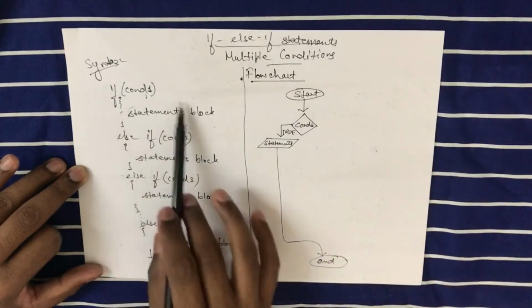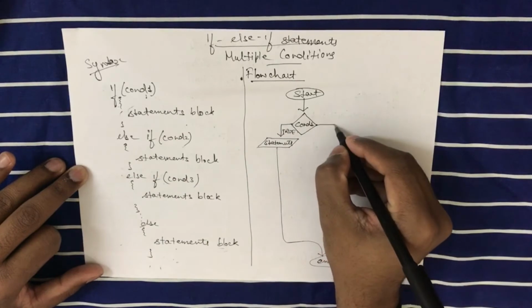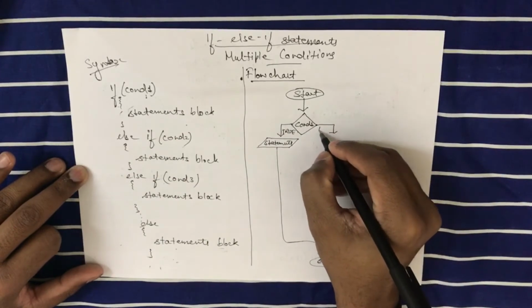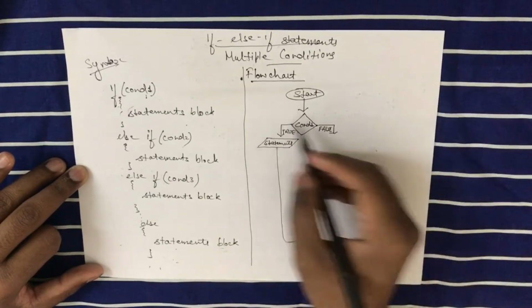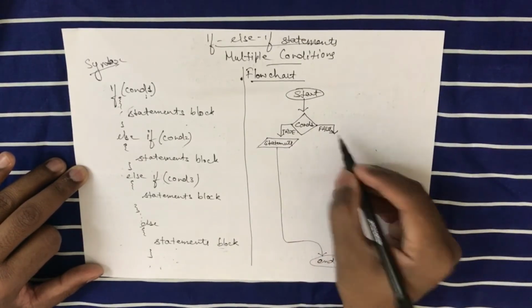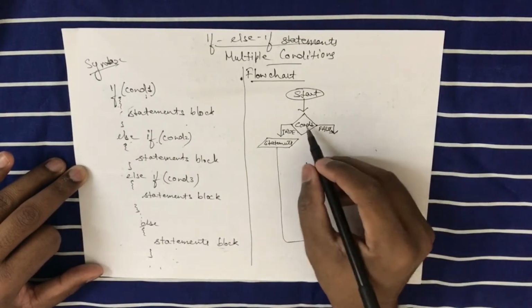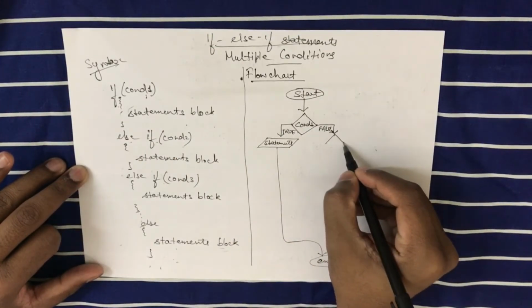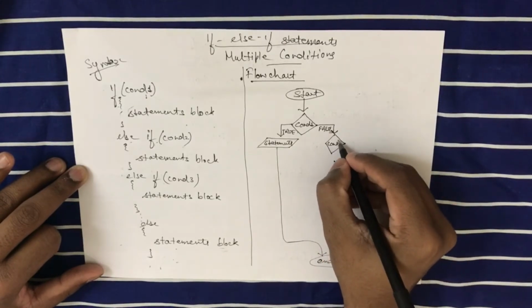Now suppose this condition gets failed. What happens? If this condition gets false, then it comes to the next condition, which is condition number 2, represented by a rhombus. Condition number 2.